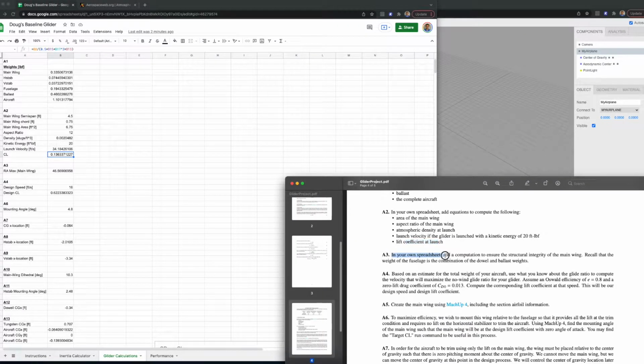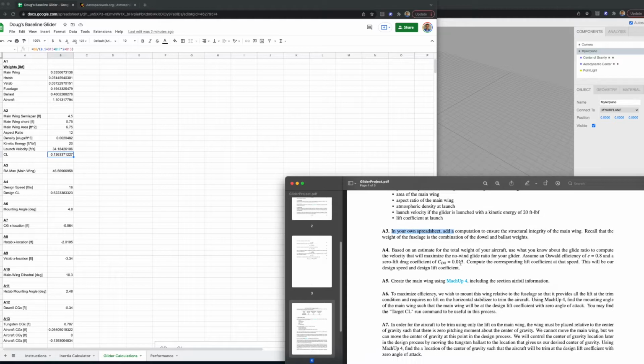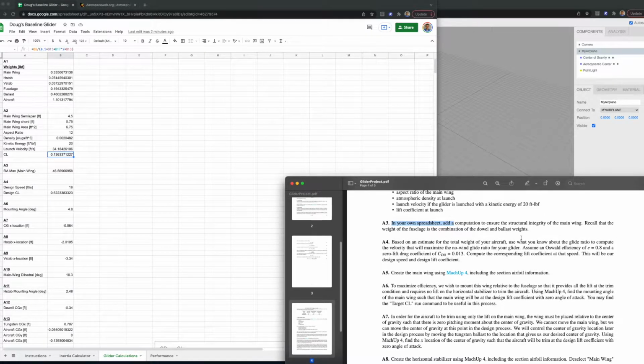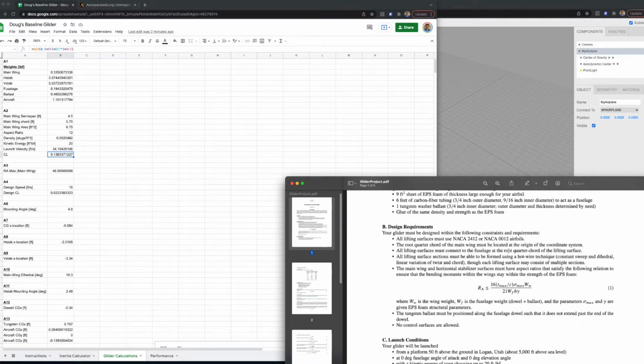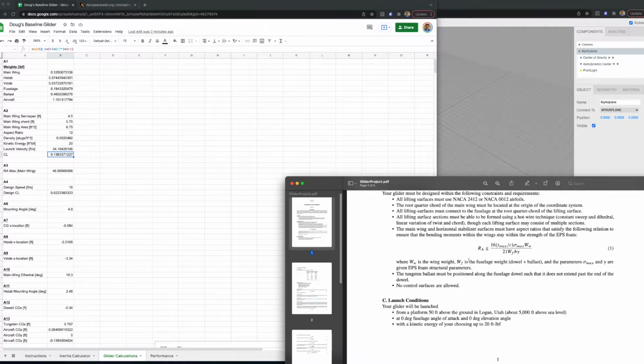Okay, so A3, in your own spreadsheet, add a computation to ensure the structural integrity of the main wing. Recall that the weight of the fuselage is a combination of the dowel and ballast weights. Okay, so for this we have to go back up and look at our equation for structural integrity. This is the equation that we're using, and this is just an estimate.